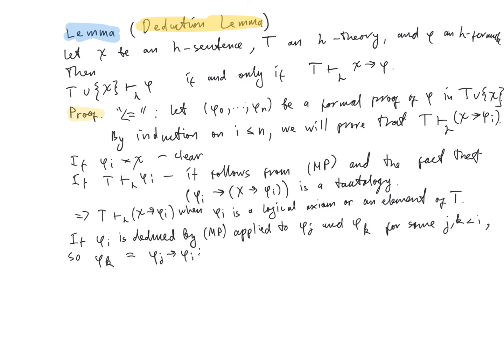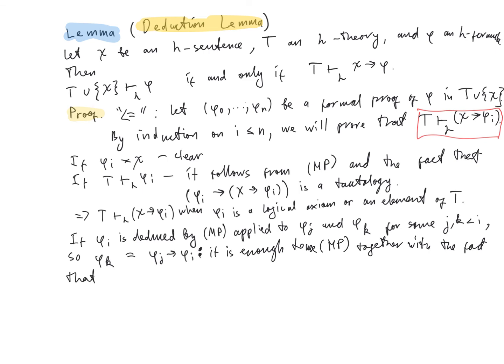So in this case, in order to demonstrate that T proves the implication χ implies φ_i, it is enough to apply the modus ponens rule together with the fact that the formula (χ implies φ_j) conjunction (χ implies (φ_j implies φ_i)) implies (χ implies φ_i) is a tautology.